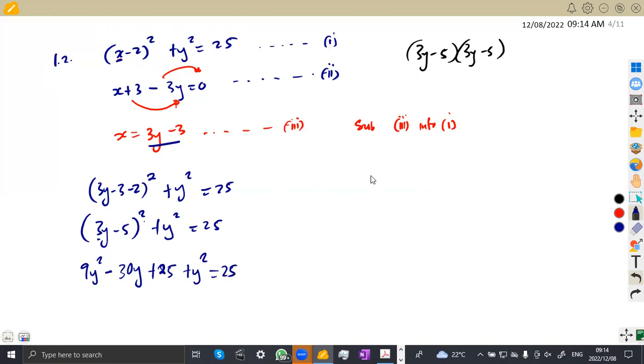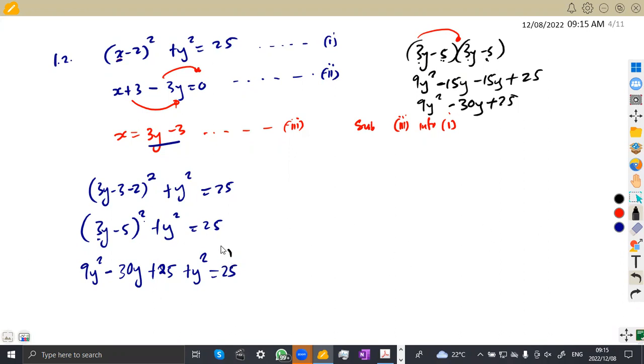Okay, so there just apply the identity, or you can expand it properly. 3y times 3y, that's 3 times 3, that's 9y squared. 3y and negative 5, which is negative 15y, minus 5 and 3y, which is negative 15y. Negative 5 and negative 5, that's a positive 25. So you collect like terms, minus 15 and minus 15, from your calculator, that's minus 30y plus 25. So as you can see, you're obtaining the same answer there.